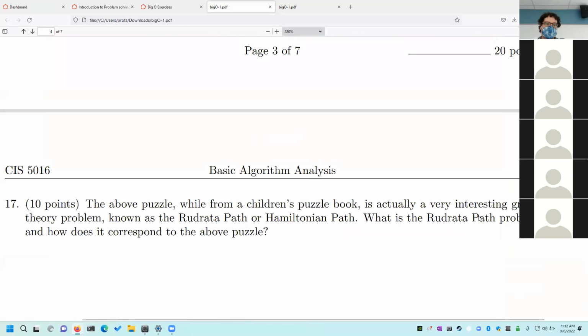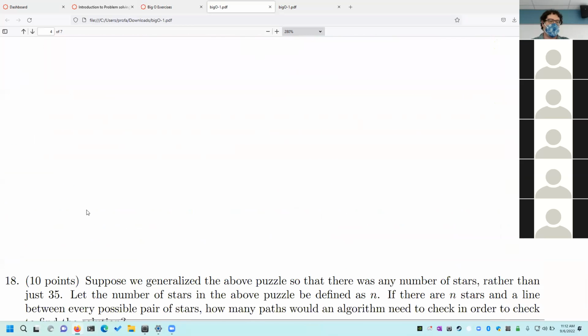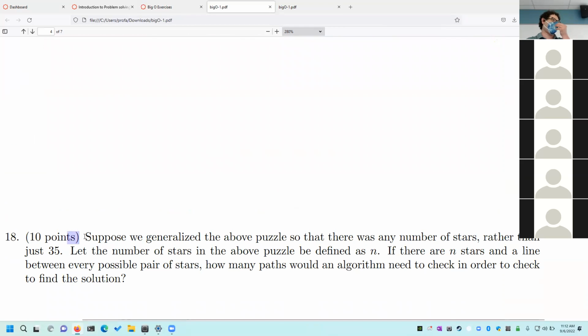So the only thing is that I poorly worded question 18, so I need to send an announcement amending that. I say let the number of stars be defined as n if there are n stars and a line between every possible pair of stars. And that is my mistake, because that changes it to be way too ambiguous.